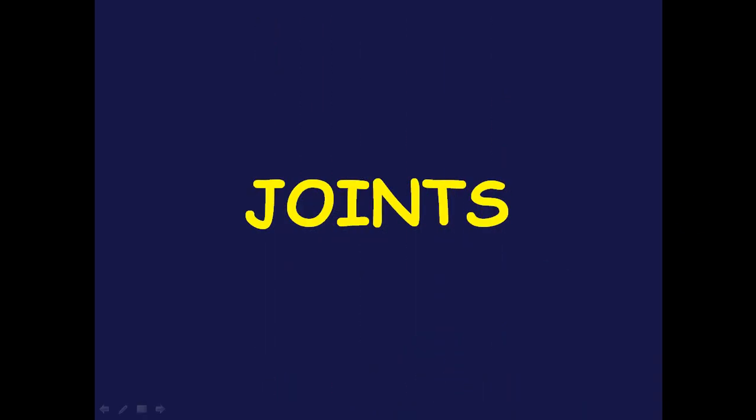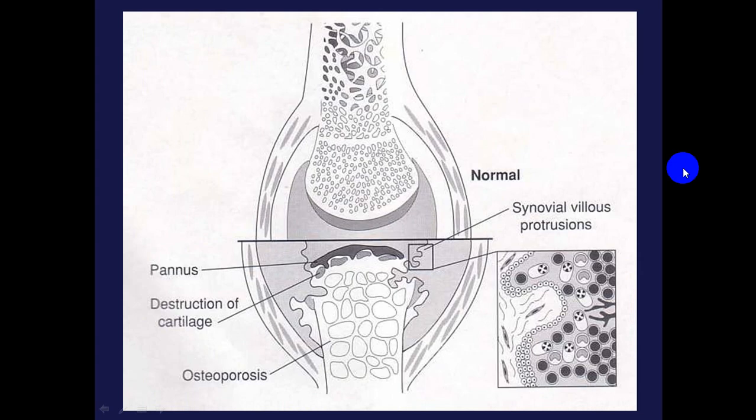So next, how about joints? The pathology of joints does not have so many difficulties, not so many lesions related to joints. However, the case is quite frequent. Okay, this is the anatomy of the joints here.